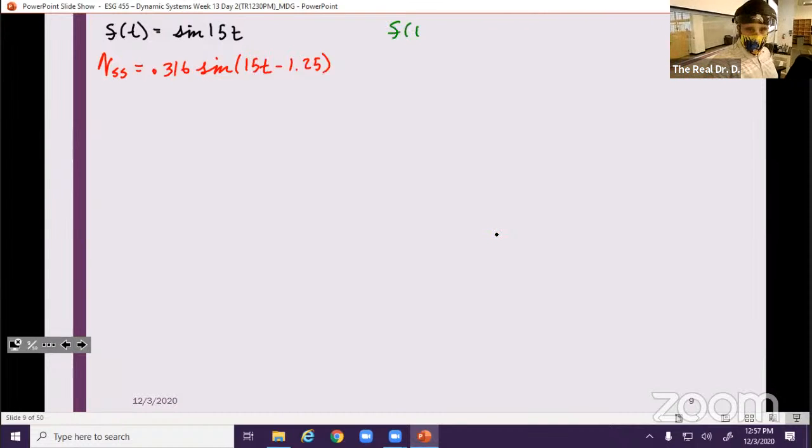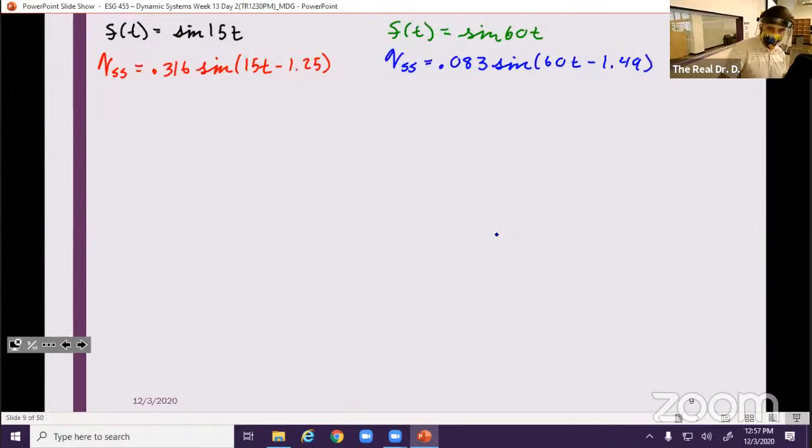And we also had f of t is equal to sine of 60t, which is accompanied by VSS is equal to 0.083 sine of 60t minus 1.4. Those are the four things that we have here. So we're going to start on the left-hand side here. We're going to draw the 15 radian per second input and the 15 radian per second response.